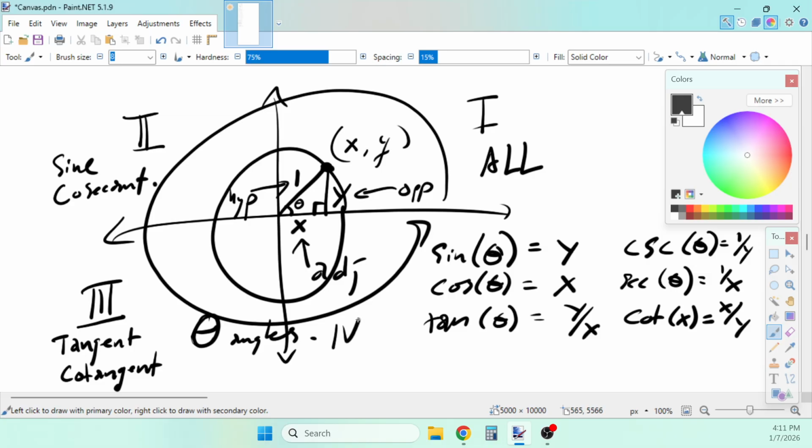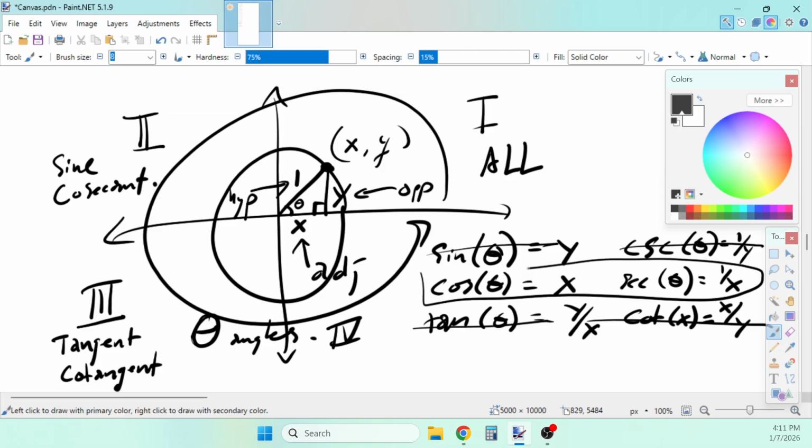In quadrant 4, well, we've already had sine and cosecant get their day being positive. Tangent and cotangent got to be positive. In quadrant 4, x is positive, y is not. That leaves these two as the positives. We have cosine and secant as the two positive functions in the quadrant.